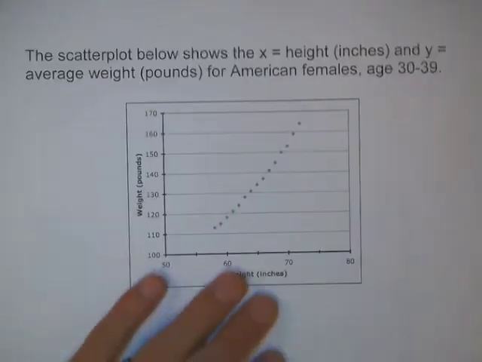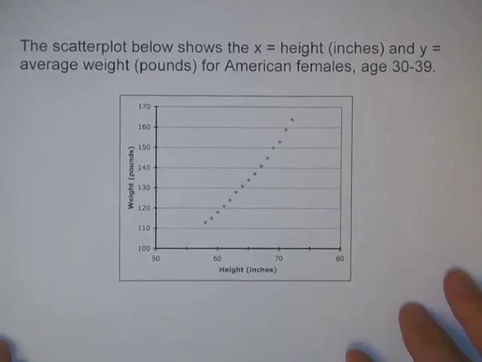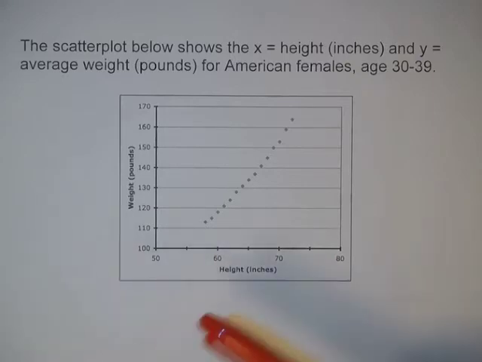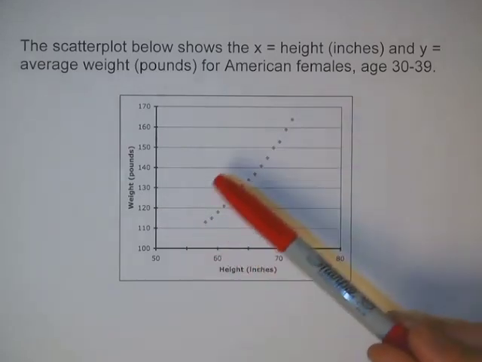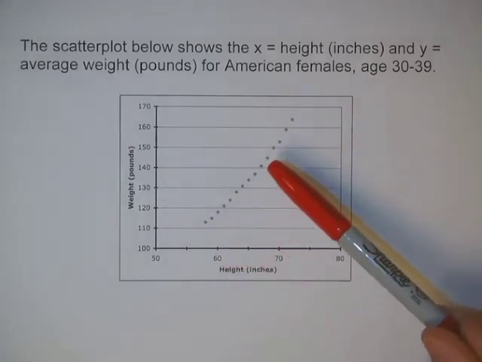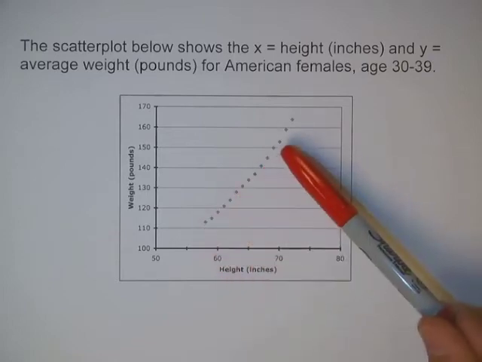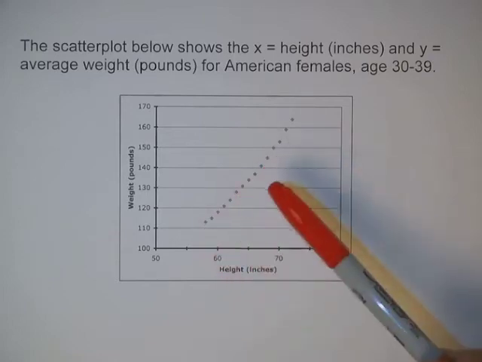Let's look at another scatter plot. The scatter plot below shows X, which is the height in inches, and Y, the average weight in pounds for American females 30 to 39. If we tried to calculate the correlation coefficient here, we would probably get a value above 0.9, so it's going to be a really strong association.